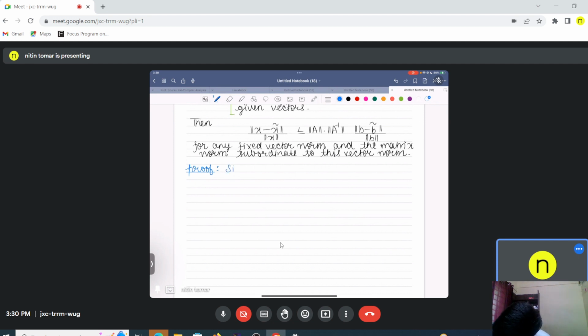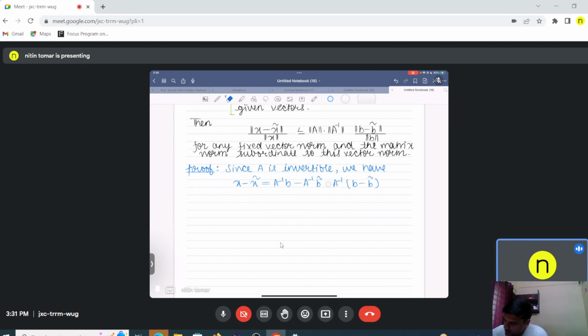So since A is invertible, we have x minus x tilde, so x will be A inverse b and x tilde will be A inverse b tilde, which is the same as A inverse of b minus b tilde, because matrix multiplication is associative.